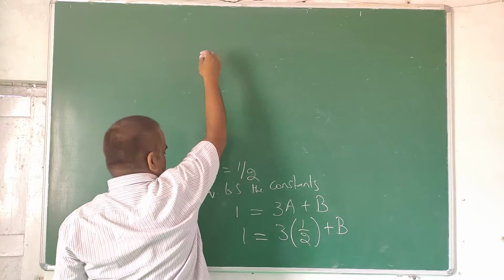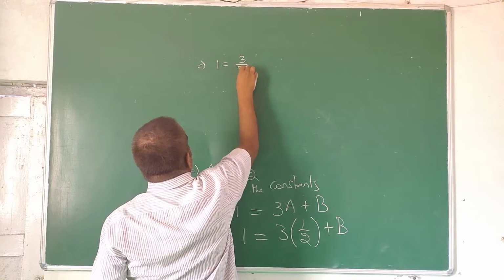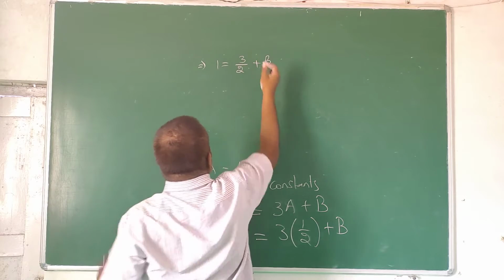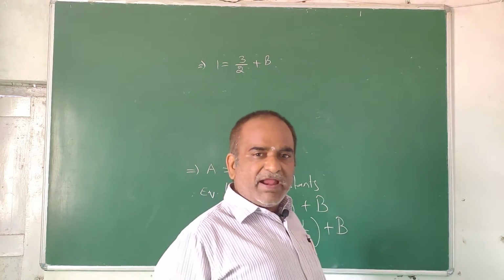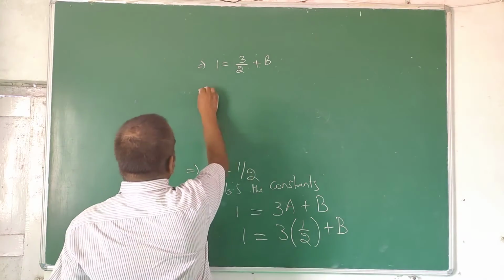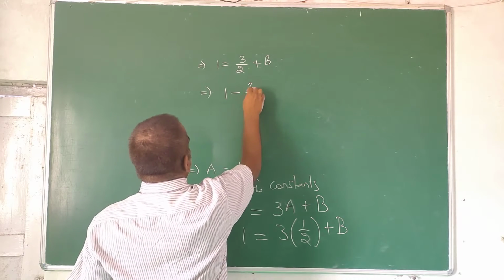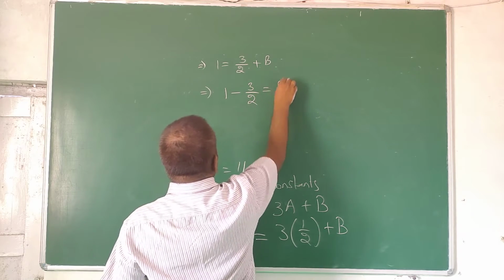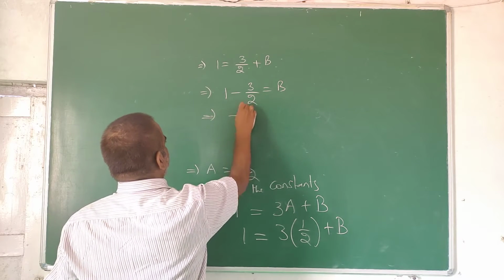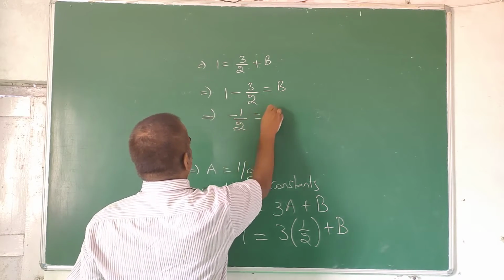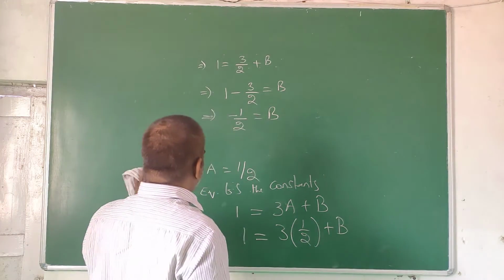This implies 1 is equal to 3 into 1 by 2, which is 3 by 2, plus b. So now by transposition, 1 minus 3 by 2 is equal to b. Implies 2 minus 3, which is minus 1 by 2, is equal to b. That is, b is equal to minus 1 by 2.